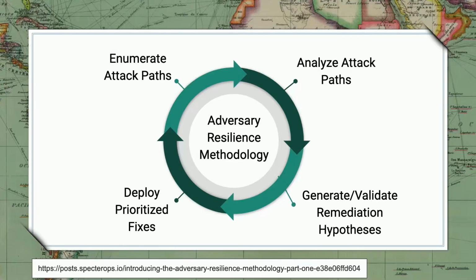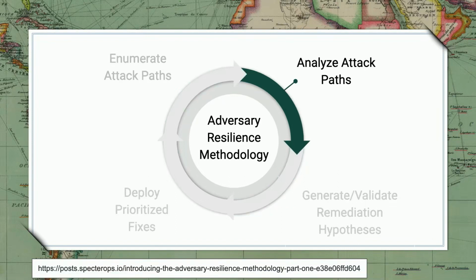This is what our methodology looks like. Starting in the top left, we enumerate attack paths, that's using BloodHound. We analyze the attack paths to understand what patterns we can ferret out from that data. And then the most difficult part of this methodology is in generating and validating those remediation hypotheses. And then finally, we deploy our prioritized fixes and start all over again.